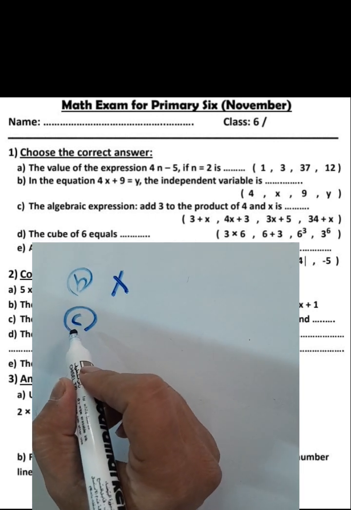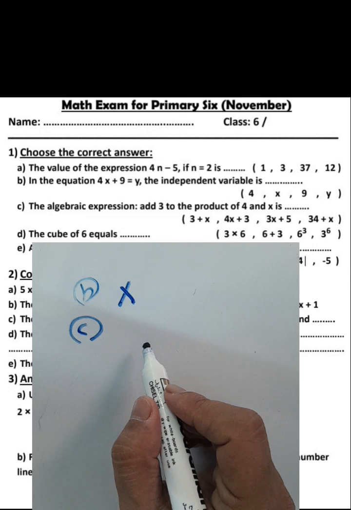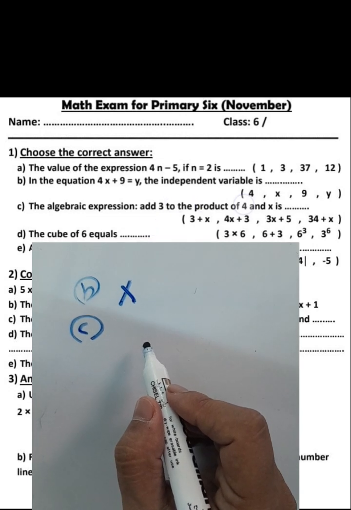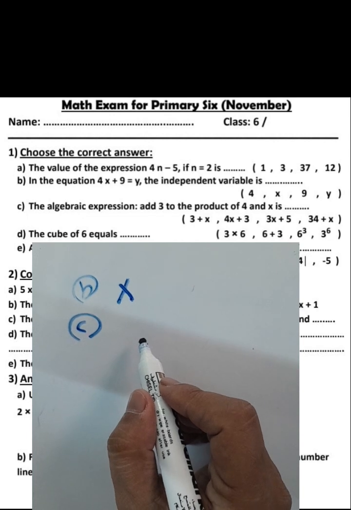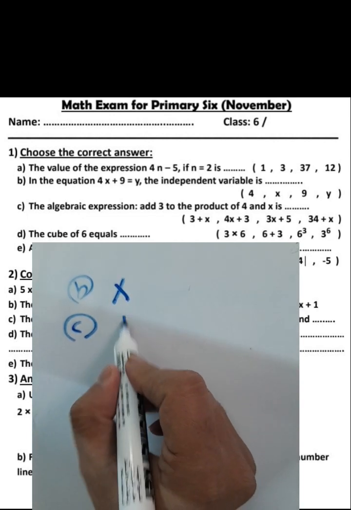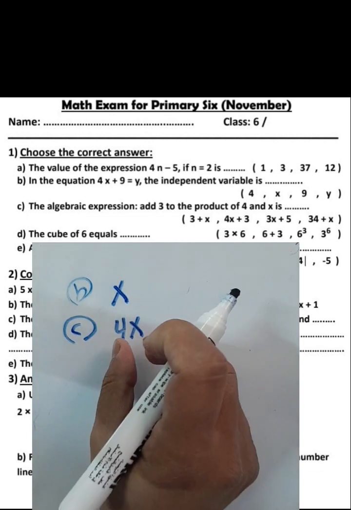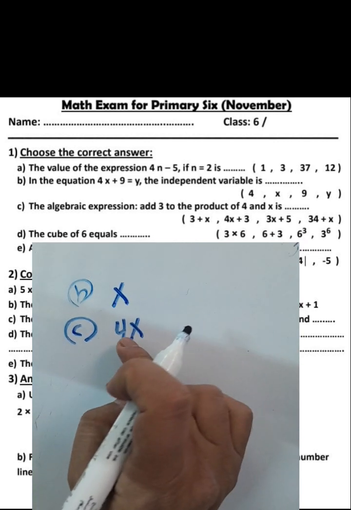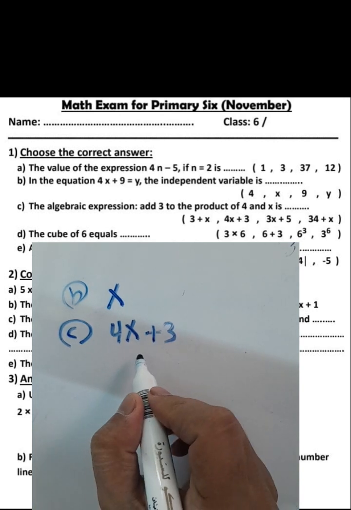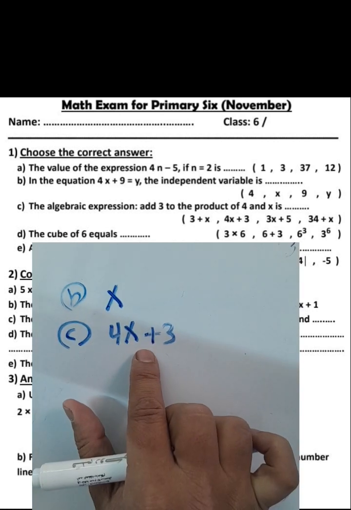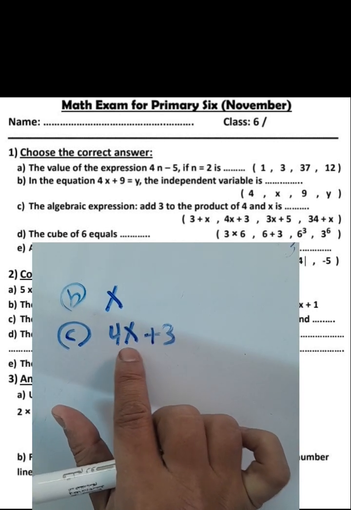Letter C, the algebraic expression: add 3 to the product of 4 and x. The product of 4 and x will be 4 times x. Add 3 means plus 3. Then add 3 to what? To the product of 4 and x.